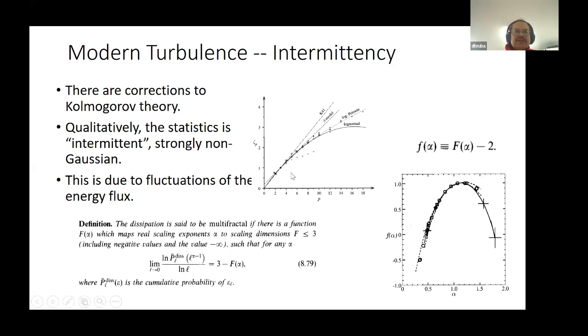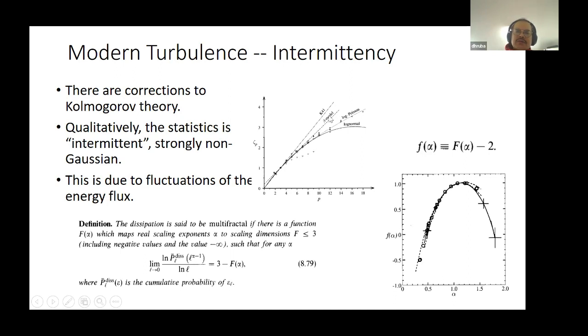And the problem of modern turbulence is intermittency. So instead of looking at the energy, which is related to the second order structure function, you look at structure functions of pth order. Each one of them has a scaling exponent, and you plot those scaling exponents as a function of p, which is the zeta p versus p plot.